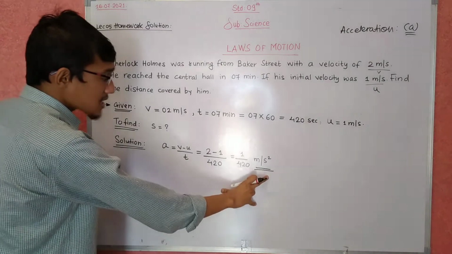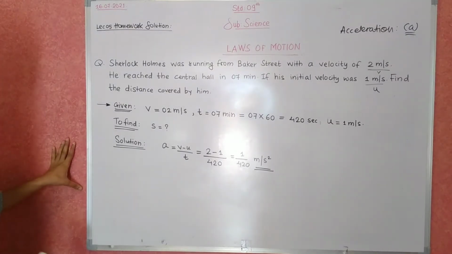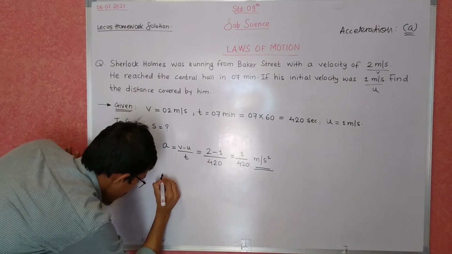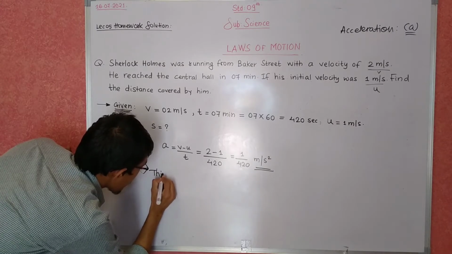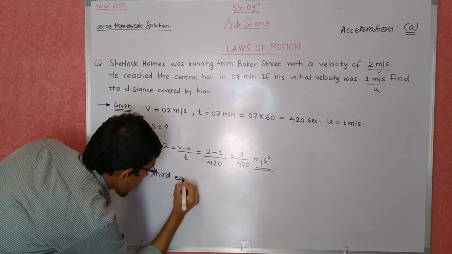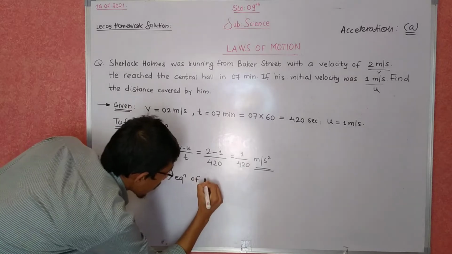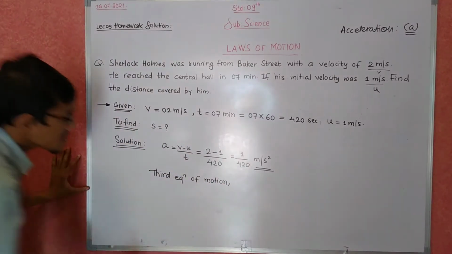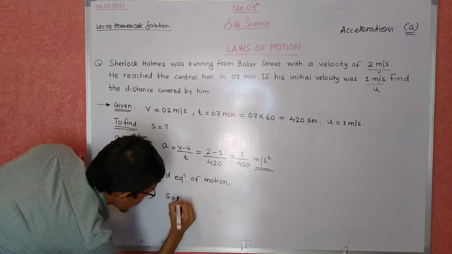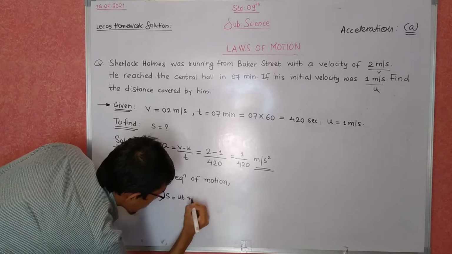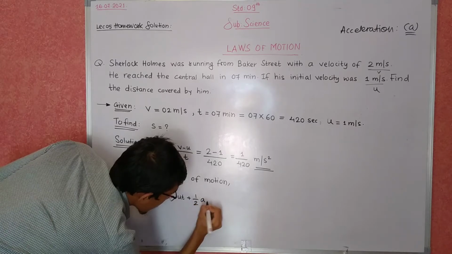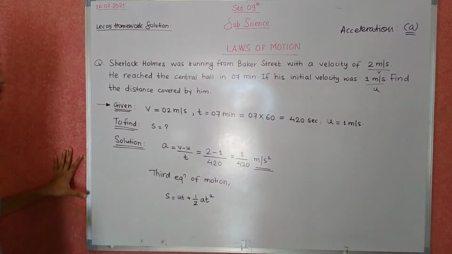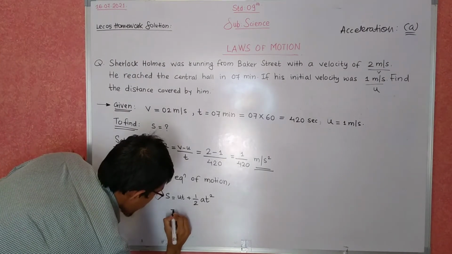Now we have got the acceleration, so we can easily find the distance by using the third equation of motion: s is equal to ut plus half at square.